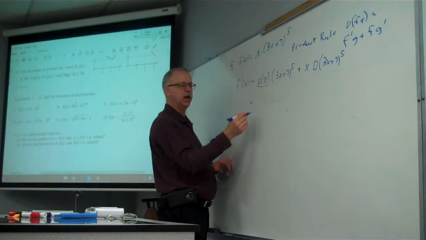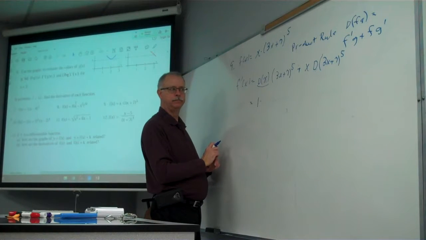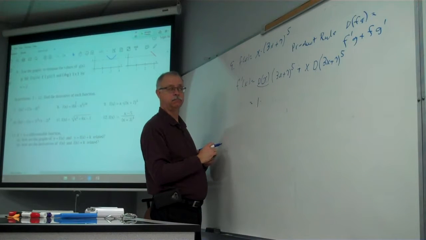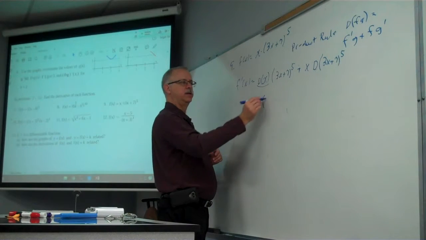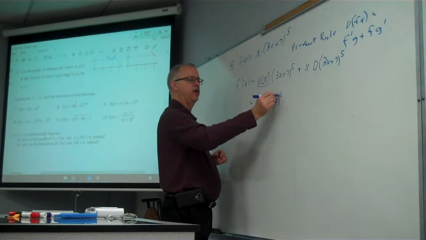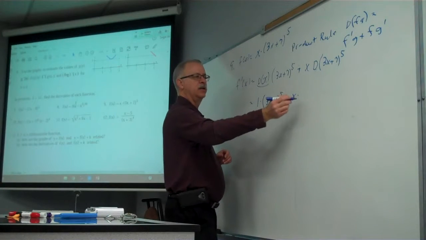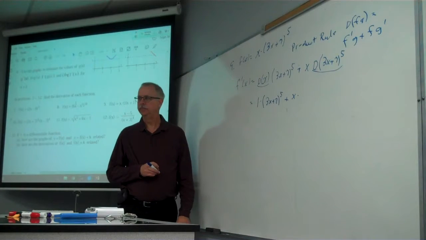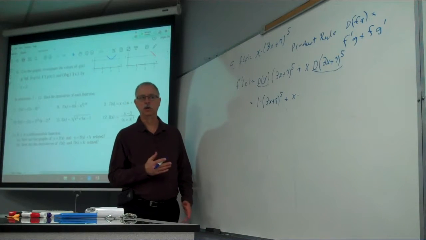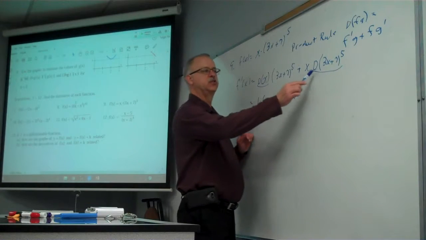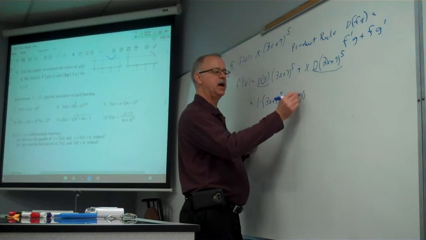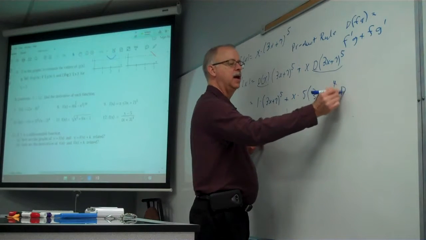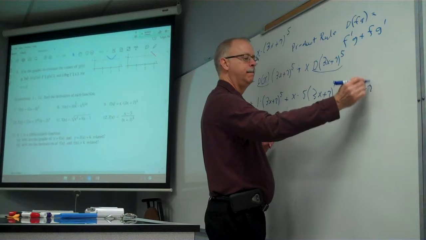Derivative of x we've done a few times, that's just 1. Derivative of any linear is the slope of the linear. So 1 times (3x plus 7) to the fifth plus x times the derivative of the second. That is a composition, so we're going to have to use the chain rule. We've got something to the fifth power, so the derivative is 5 times that something to the fourth power times the derivative of what's inside.